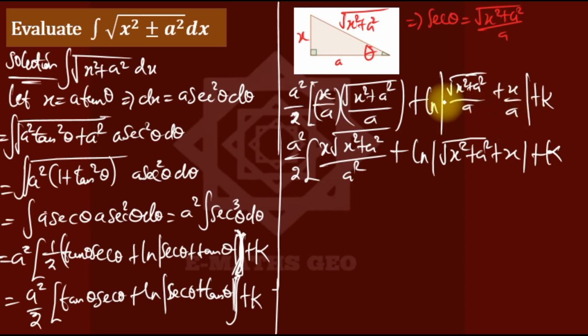That's the ln a. It should have been minus ln a, and since the logarithm of a number is a number, that is a constant, so we added it to this other constant. So that's our answer.